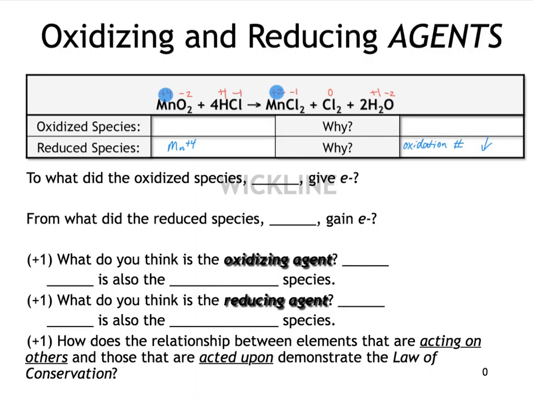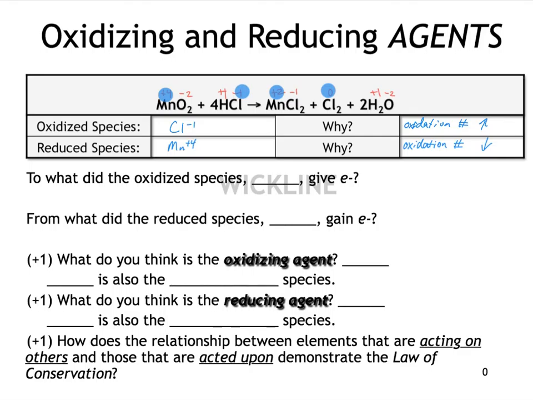The oxidized species is going to be one whose oxidation state actually increases over time. So I'm going to look for a candidate for that. I see chlorine goes from a -1 to a 0. That's an increase to go from -1 to 0. So my answer for the oxidized species is going to be chlorine -1. The reason why is because its oxidation number increases.